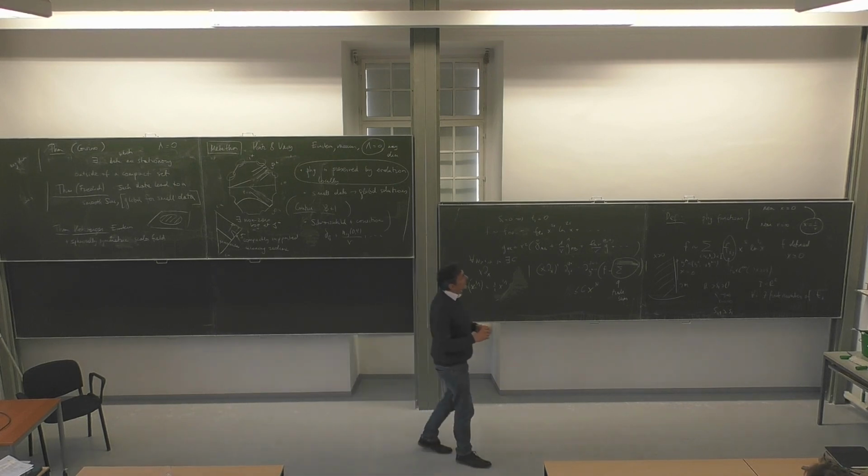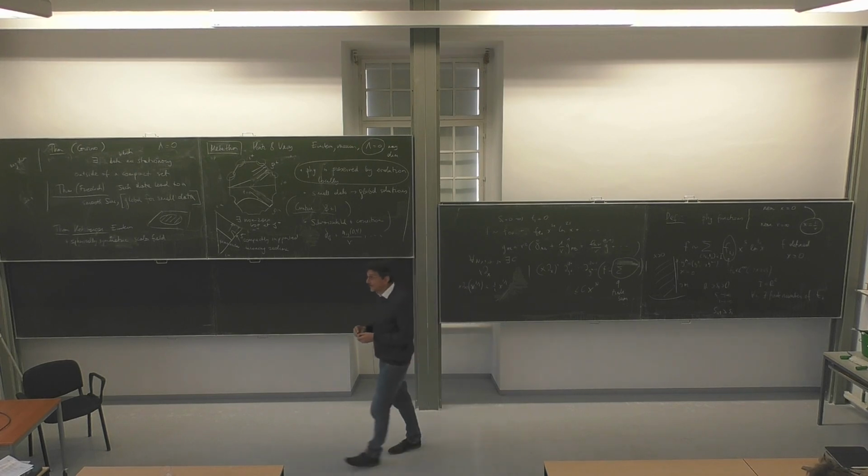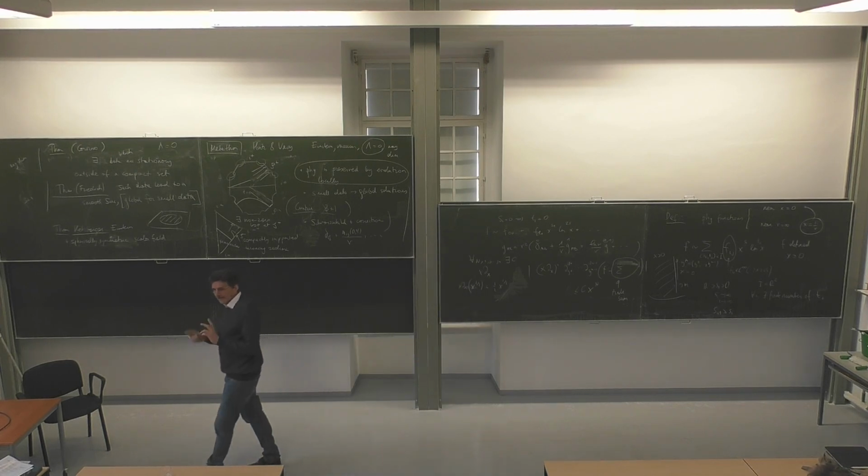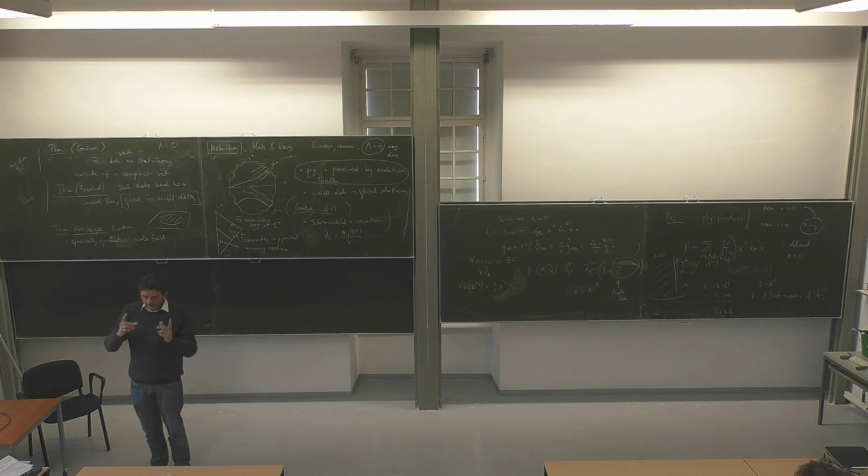Yes, so of course, what you could do is try to use the Hintz-Vasy method not on the harmonically reduced Einstein equations, but on the Friedrich equations. And that would probably give you some information that you don't get directly from the other one. That's correct.